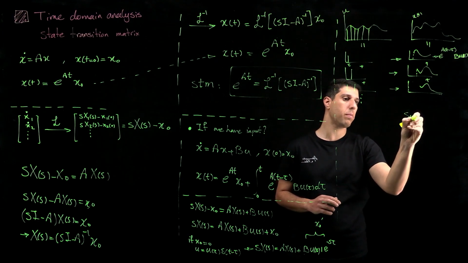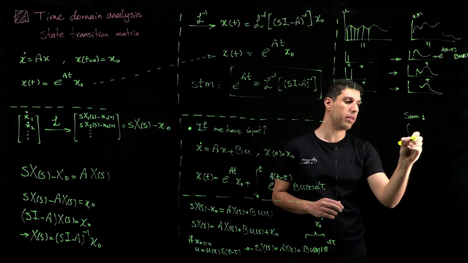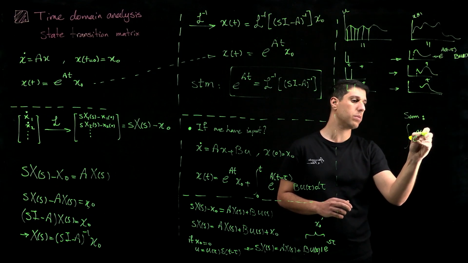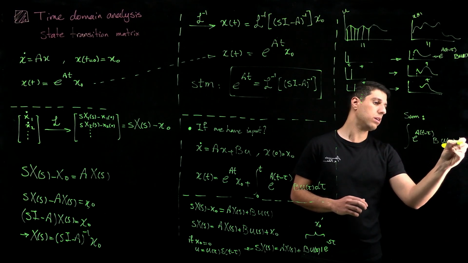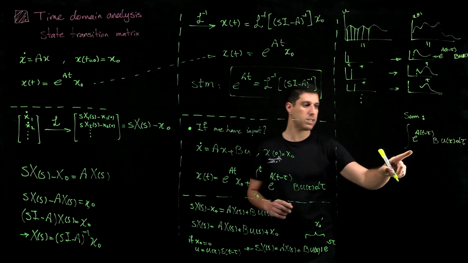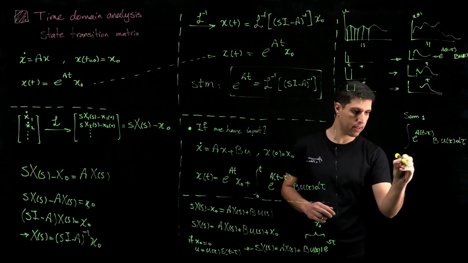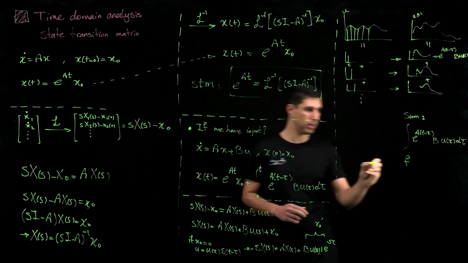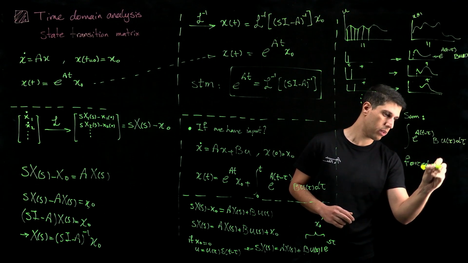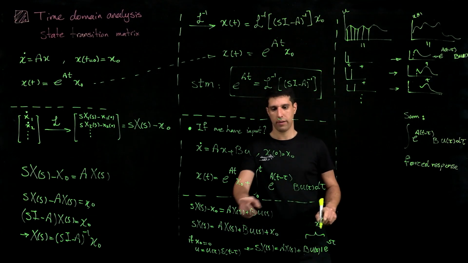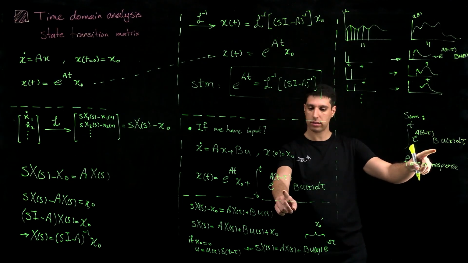So if I sum them, and sum becomes in the form of an integral, I have e to the a t minus tau b u of tau d tau, and this is the forced response, which is exactly the same thing as I had here.